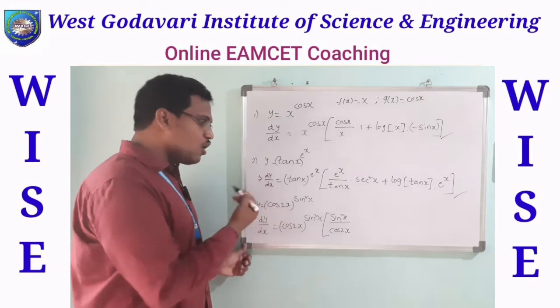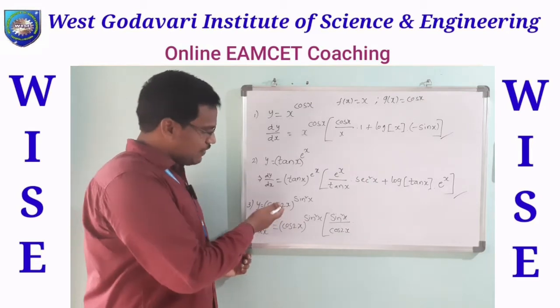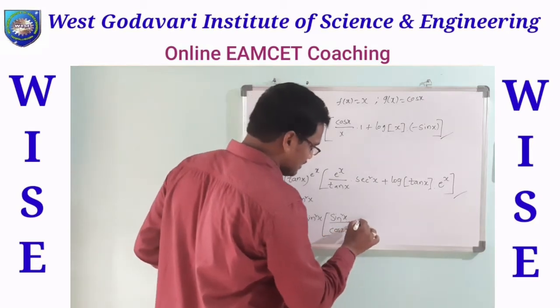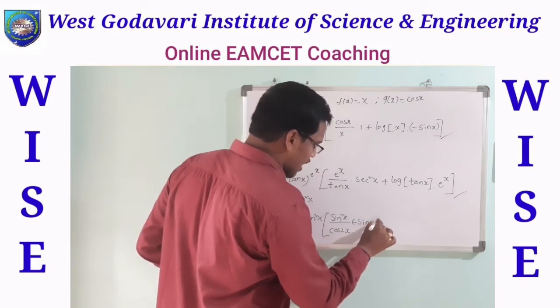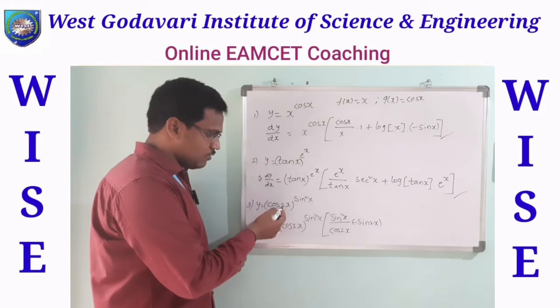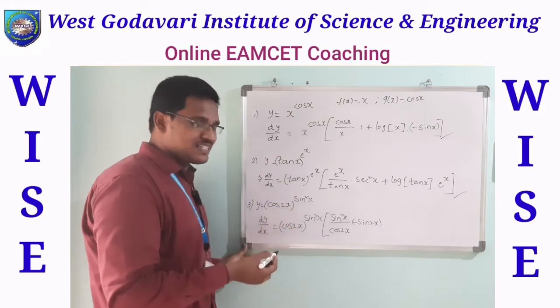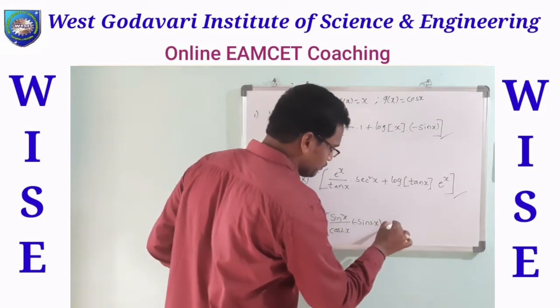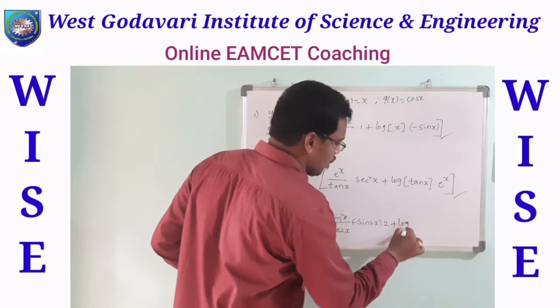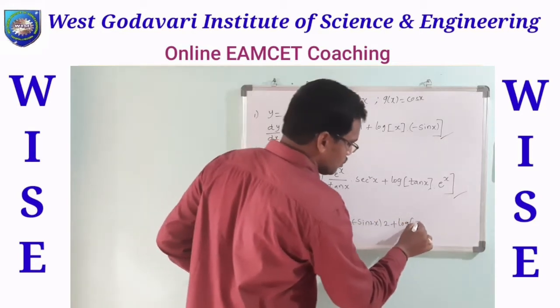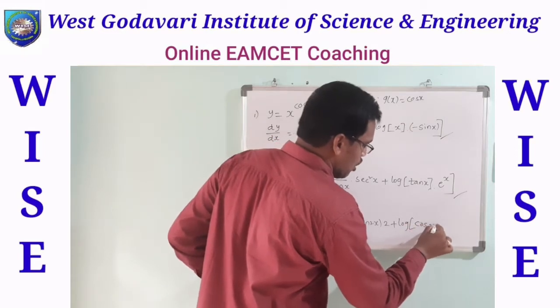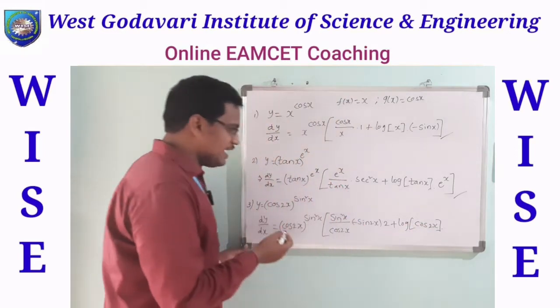Here f of x is cos 2x, then f dash of x is minus sin 2x. Again we have to differentiate 2x with respect to x, then it becomes 2, plus log f of x. Here f of x is cos 2x, so log of cos 2x into g dash of x.